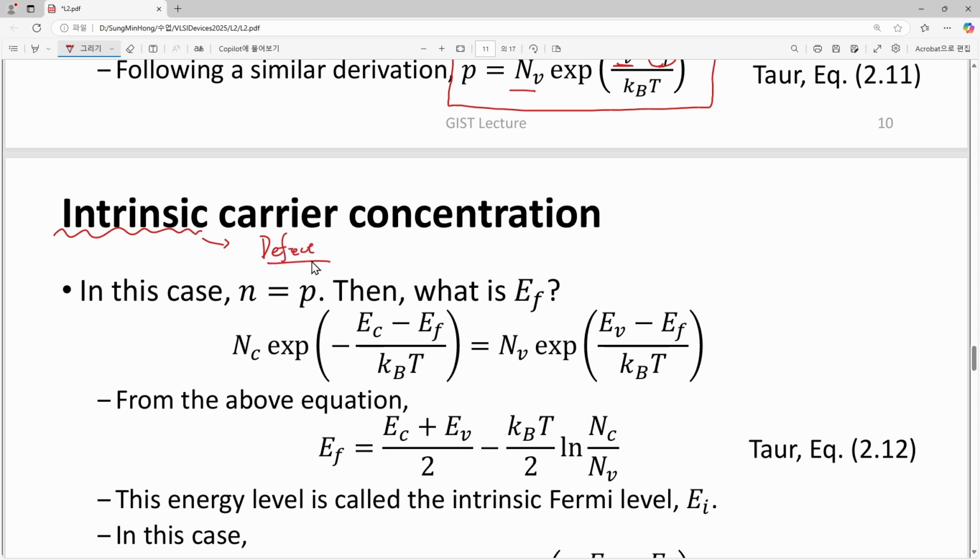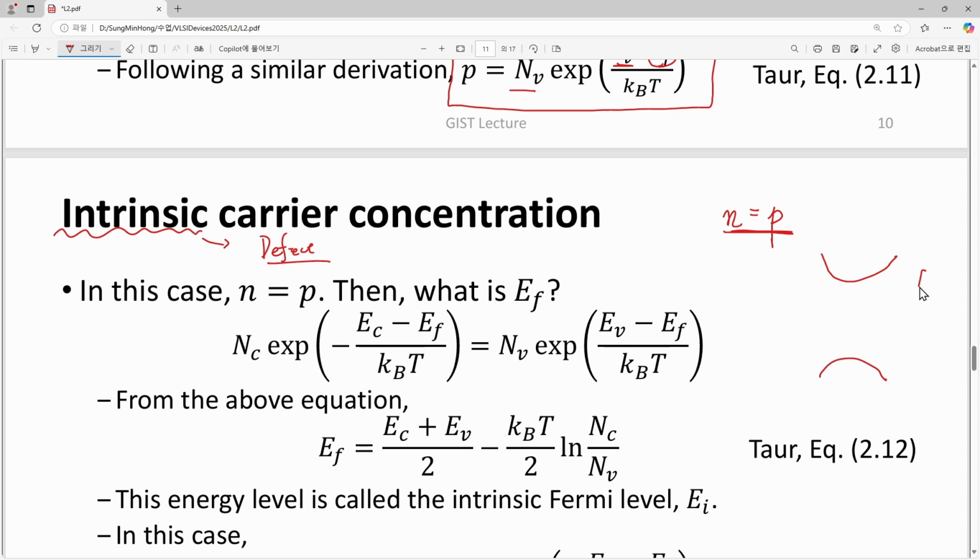This is pure silicon. In this case, how many electrons are there and how many holes are there? Actually, we don't know exactly yet, but what we can say is that electron density will be the same as hole density.